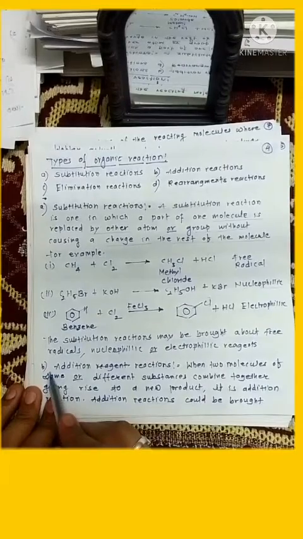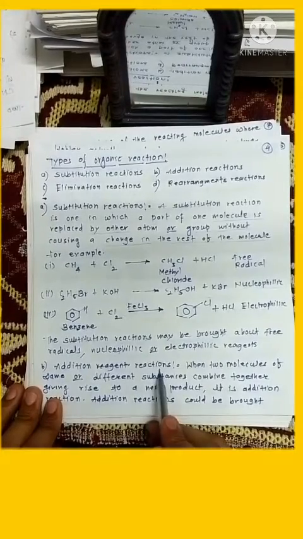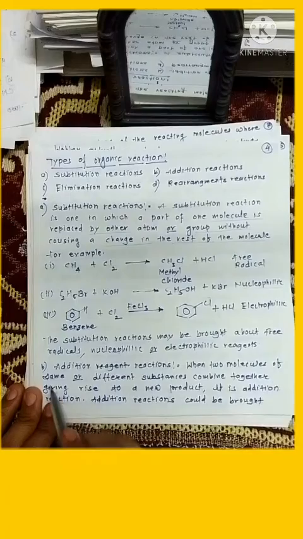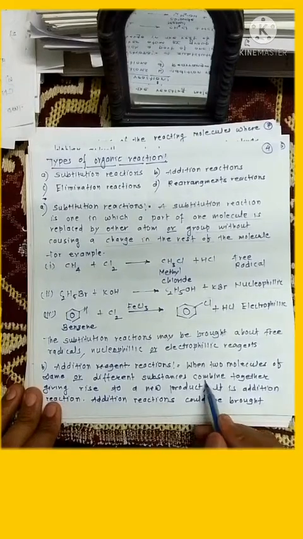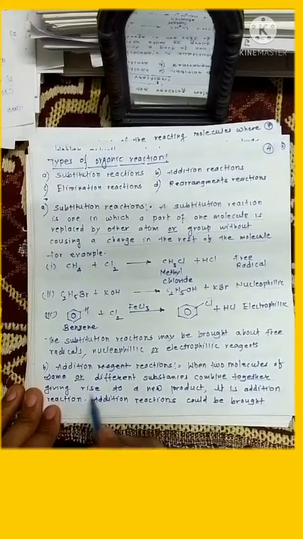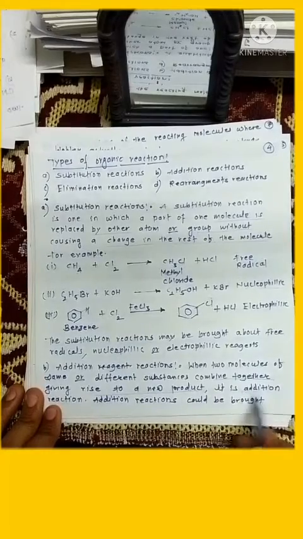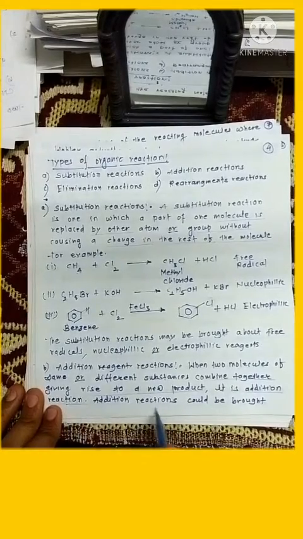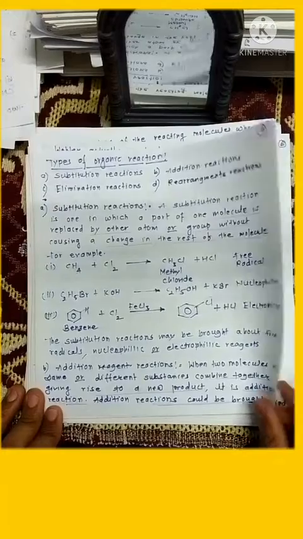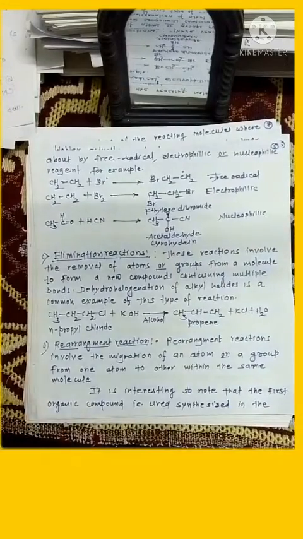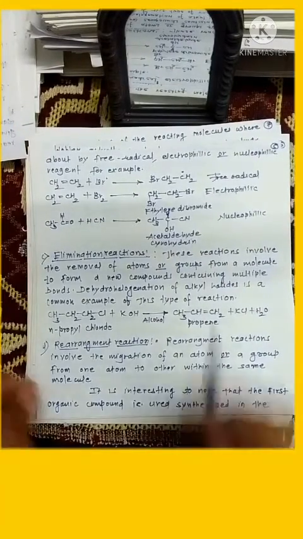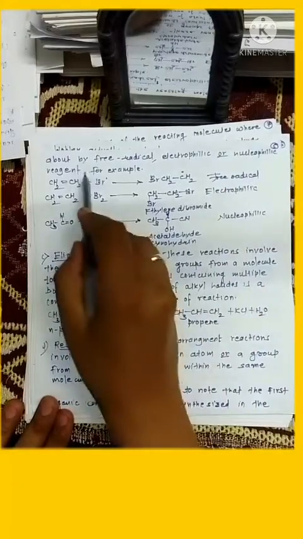Now, the second type is addition reaction. When two molecules of the same or different substance combine together, giving rise to a new product, it is called addition reaction. Addition reaction could be brought about by free radical, electrophilic or nucleophilic reagent.